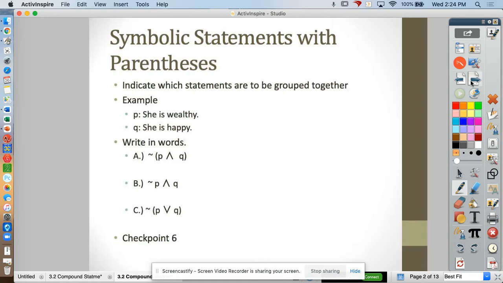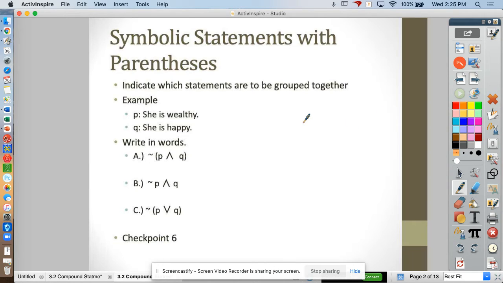It says, what do parentheses mean in symbolic logic? They simply mean a grouping symbol, and the things inside the parentheses go together. If there's something else outside of the parentheses, there's a pause between the group and the other.